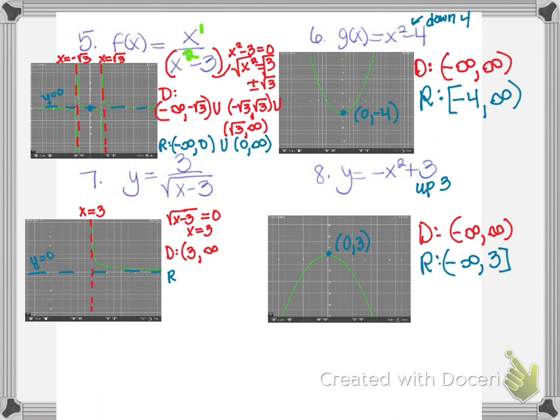I know that because the higher power is on the bottom. The power on the numerator is 0, so the power on the bottom has to be higher. That's why it's at y equals 0.